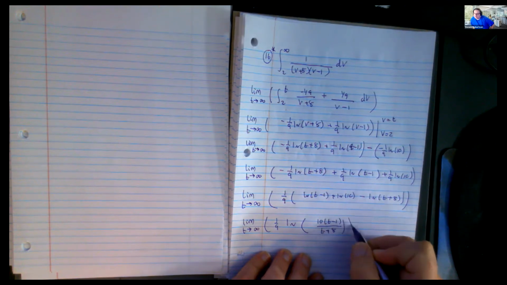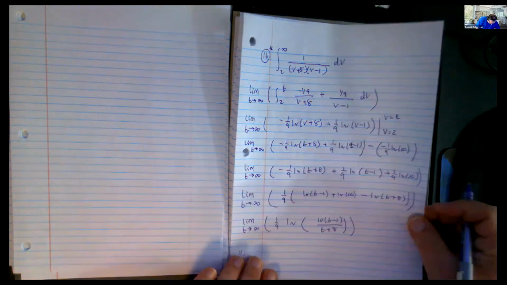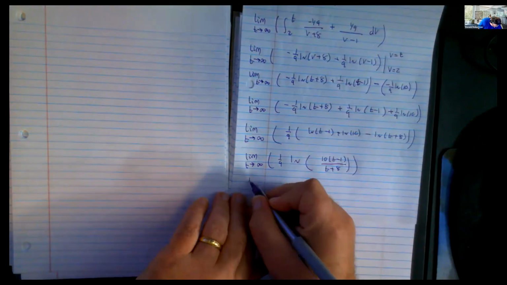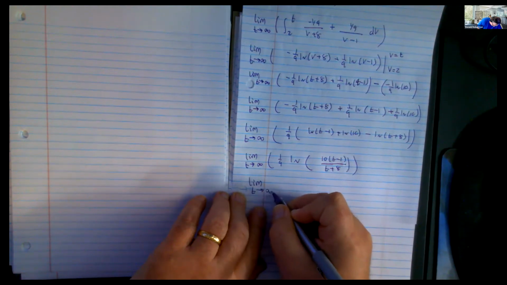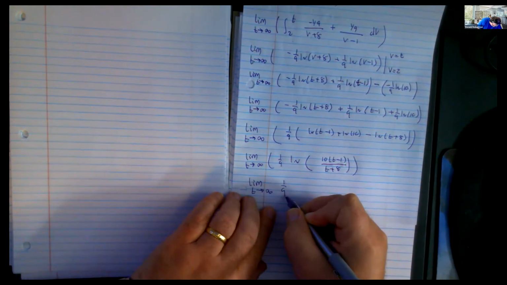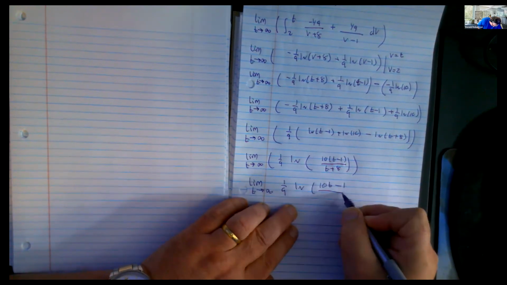So far, so good? Are we comfortable with where we are right now? Okay, let's take it a little bit further. One ninth the natural log of 10t take away 1 over t add 8.